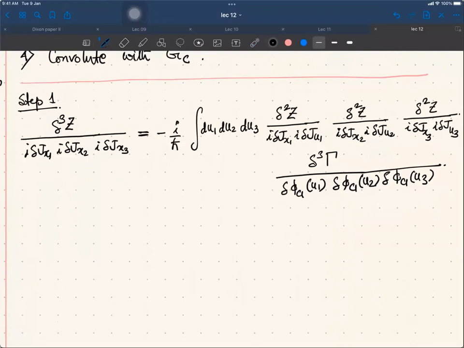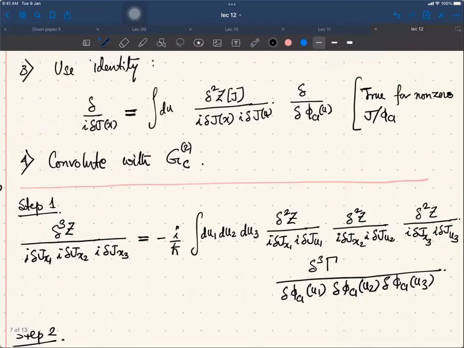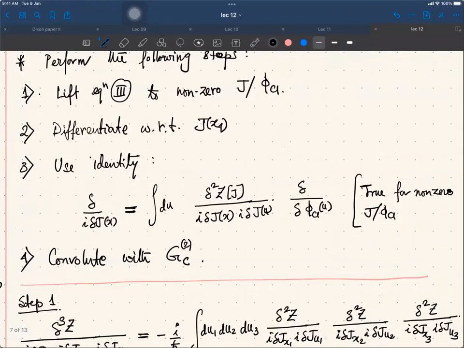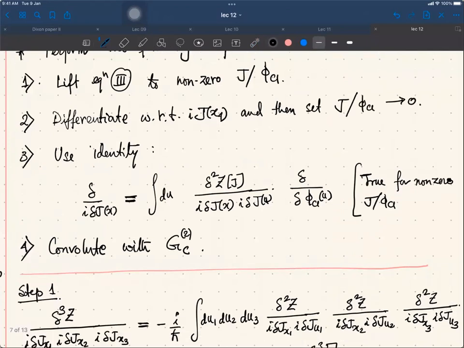Then the next step, second step, is to take derivative with respect to I j at x4 on both sides, and then set j or phi cl to 0.